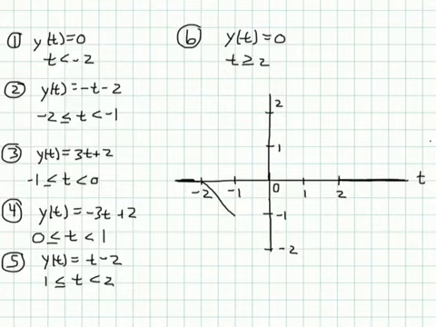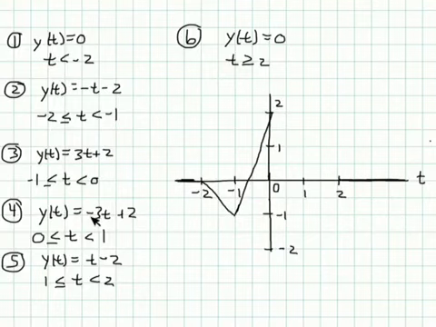So that line will go up like this, and it'll intersect at 2. Notice that at minus 1, this is equal to 3 times minus 1, which is minus 3, plus 2. So that's negative 1. So it starts off right there, and then it intersects the y-axis at 2.